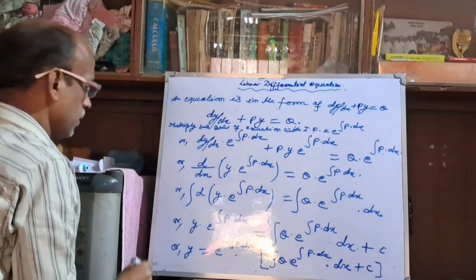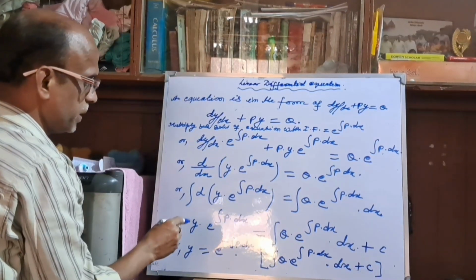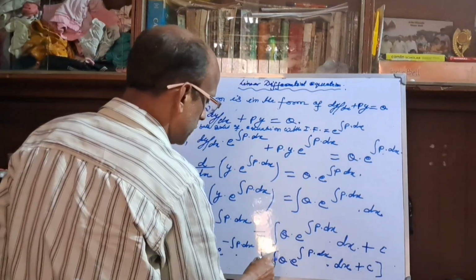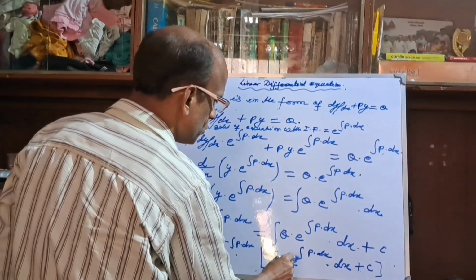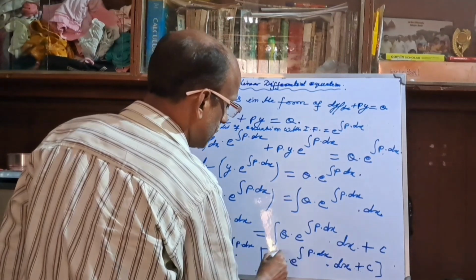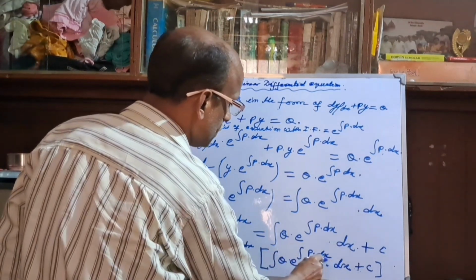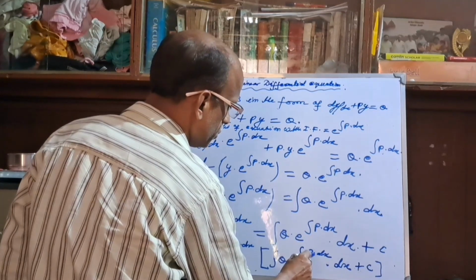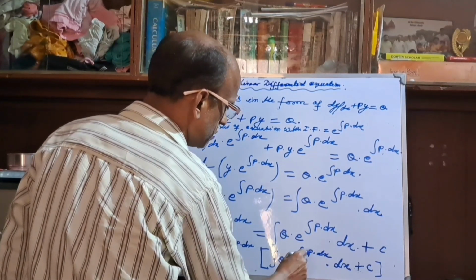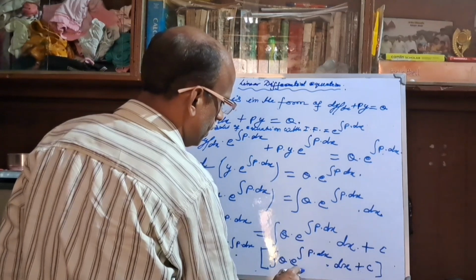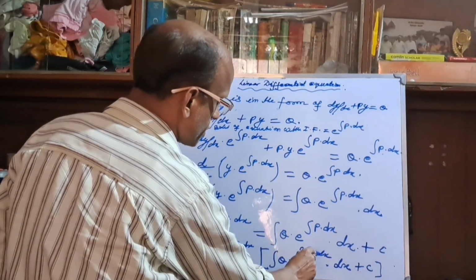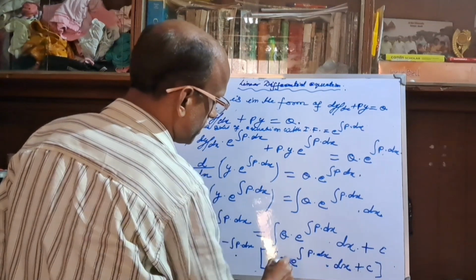Clear? y is equal to e to the power minus integral of p dx into the integral of q e to the power integral of p dx dx plus c. Here the constant of integration is not written in the exponent or power.